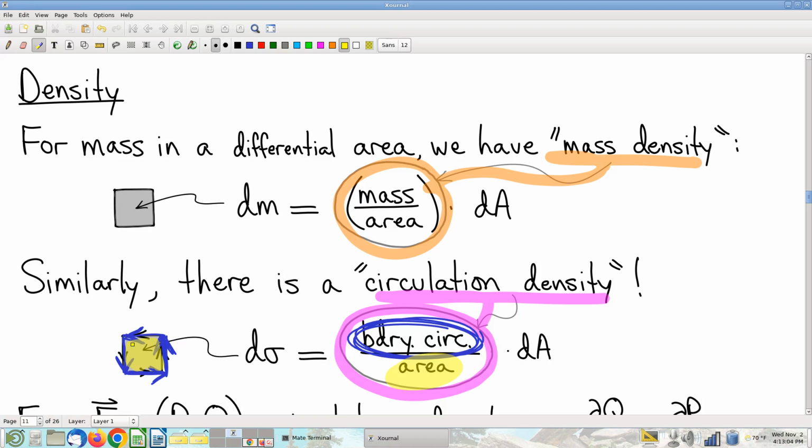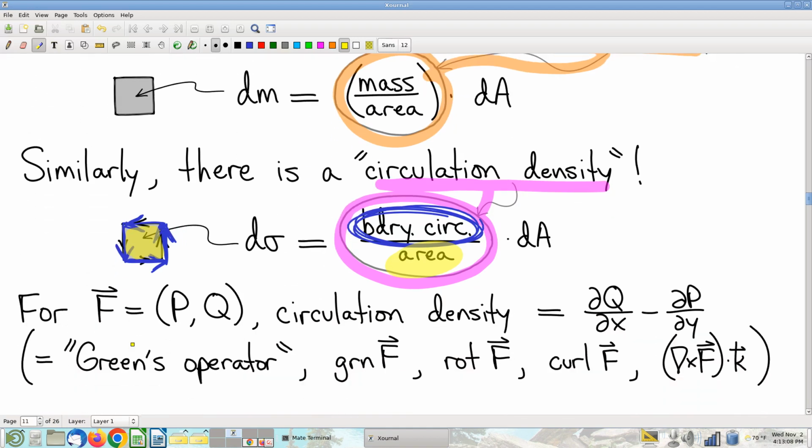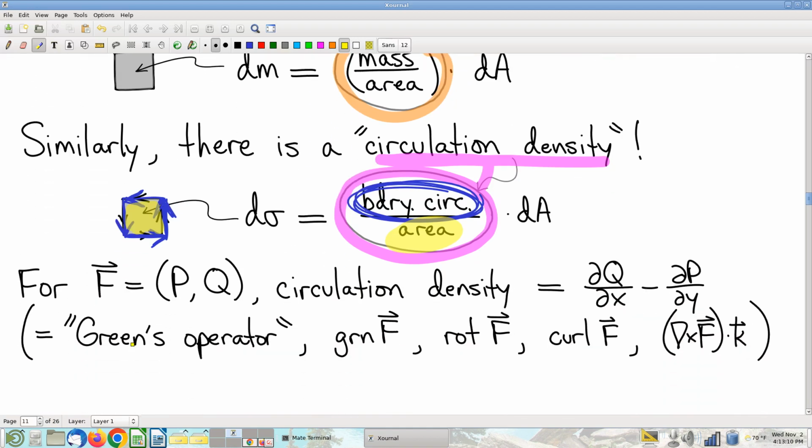Now, here's where I'm just going to start making assertions. By the way, we could prove this if we wanted to. I don't think it's a good investment of time. That's just my opinion. But the formula for circulation density, here it is. The proof's in the book. If you want to see it, that's fine. I'm much more interested in y'all having a good sense for what this is.